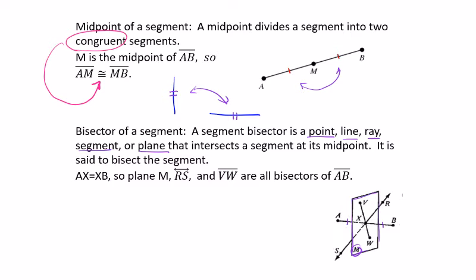RS, the line RS, here's R and S, so this line here also is a bisector. Segment VW is a bisector. You could also say ray SR is a bisector. Those are all bisectors of AB.